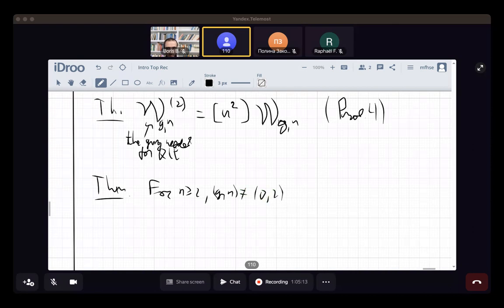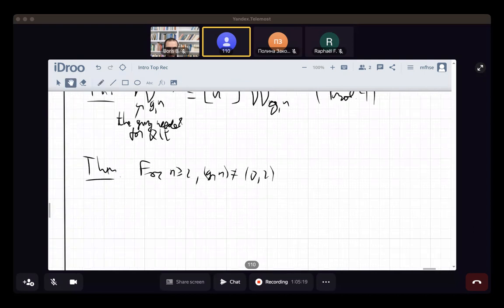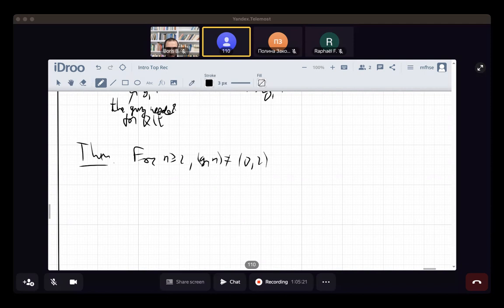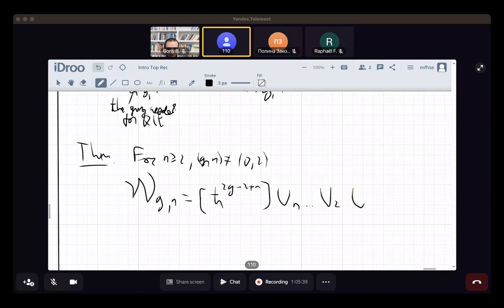For n equals 1, again, there is a little modification, which for brevity I will not write right now, but you have that curly W_{g,n} is again h to the g minus 2 plus n, U_n and so on, U_2, and then instead of U_1 you get U tilde 1.